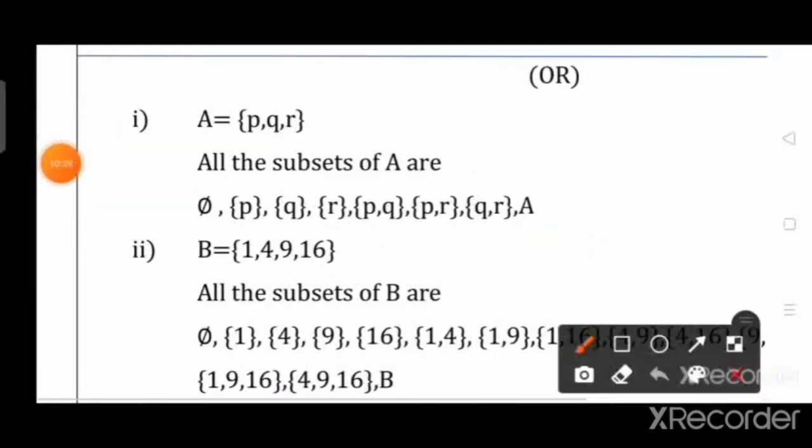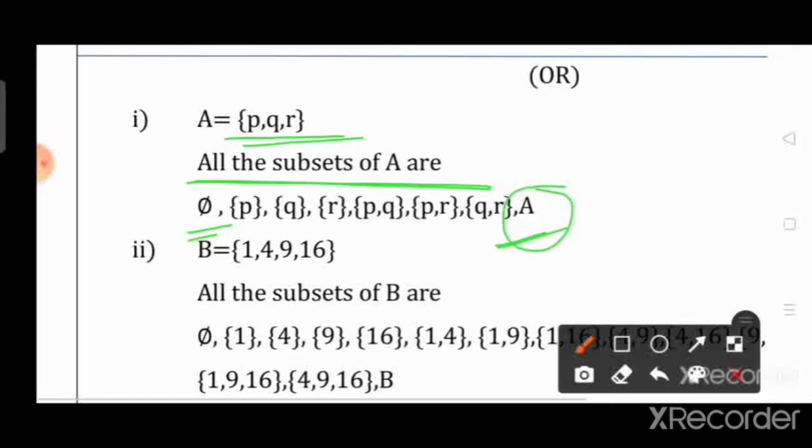So in set A, the elements are P, Q, R. We are writing the subsets here. The first subset is phi, and this is another subset. Every set is itself a subset, and the empty set is a subset of every set. That's why these two are important.